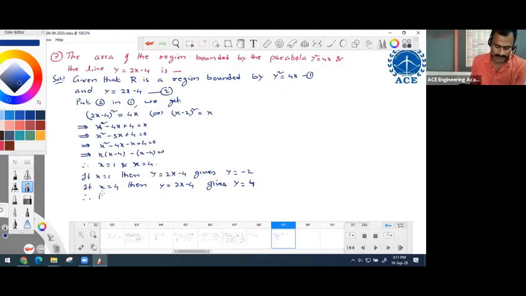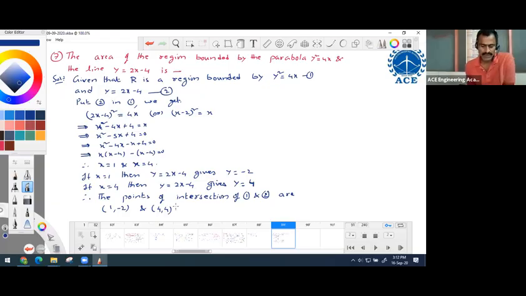Therefore, the points of intersection of 1 and 2 are (1, minus 2) and (4, 4). These two are the points of intersection. So we draw the diagram, and from the diagram we try to find out the limits. Then we evaluate the integral to get the area of the region.